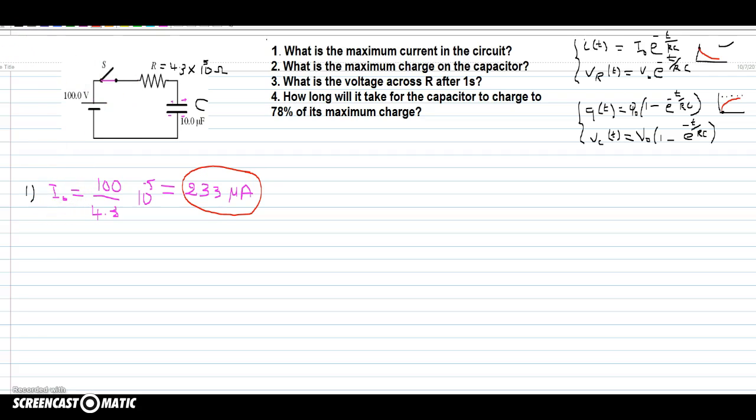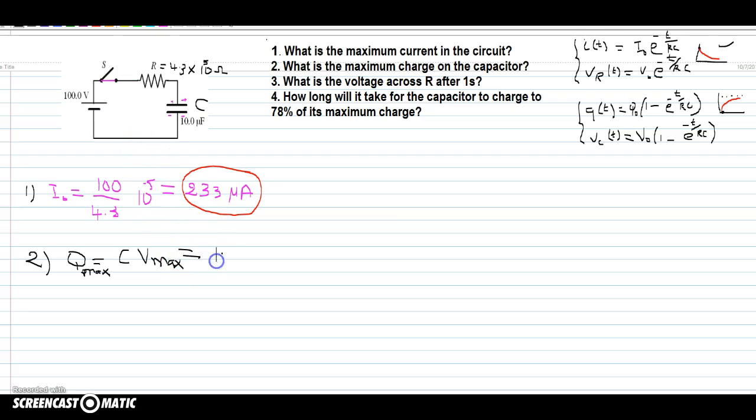Alright. Number 2. What is the maximum charge? The maximum charge happens here when we wait long enough. So there will be no current in R. The voltage is the same as the source, 100, and C. And the maximum Q max, or Q0, we call it Q0. It's not really at t equals 0. Fine, we can call it max. Much easier probably. Max at the end of the process. It's just C times the voltage. At that point, the voltage is max, which is the voltage of the source, because that's the only voltage we have.